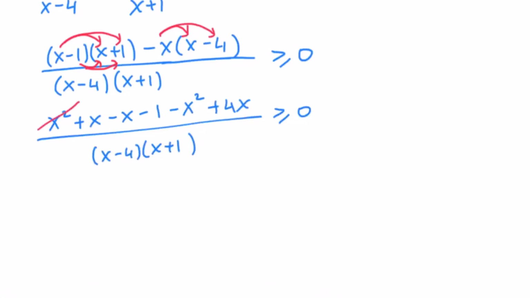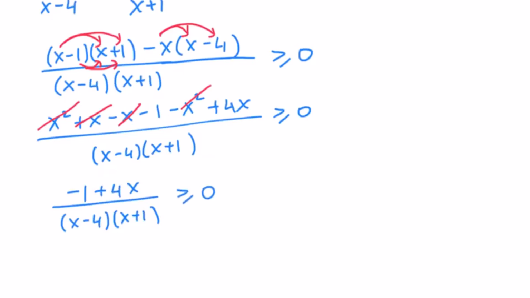So here x squared cancels out. The x cancels out. So we have negative 1 plus 4x over x minus 4 times x plus 1 is greater than or equal to 0.